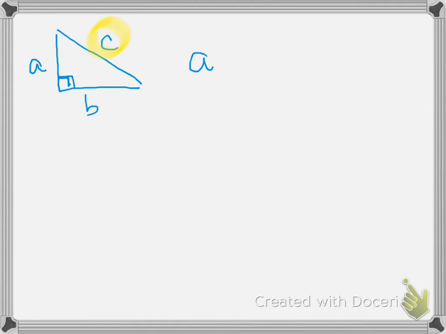A and B, it doesn't matter which one you call A and B, as long as they're the two that make the 90-degree angle. Pythagoras discovered that if he took A and squared it, and took B and squared it, it would equal C squared every single time, but it only worked on these special right triangles.